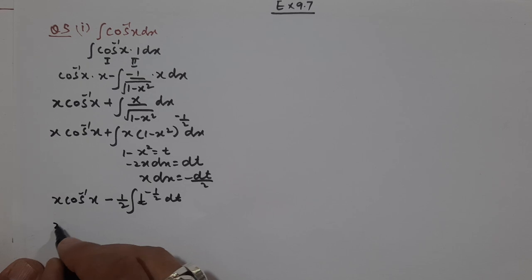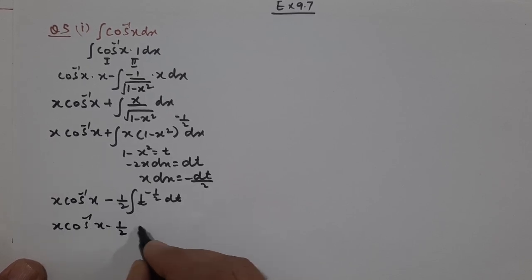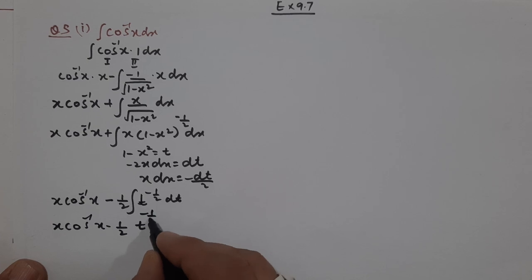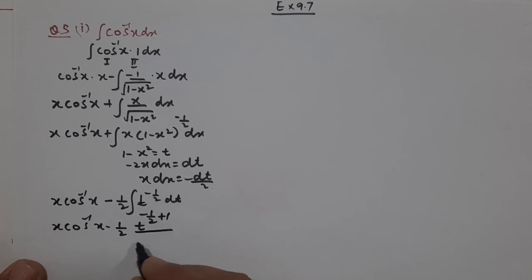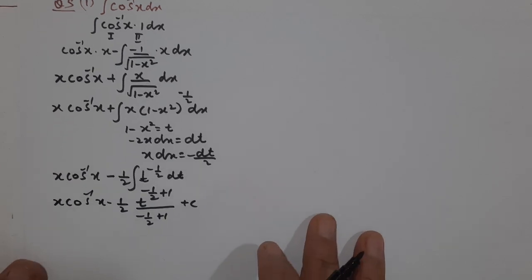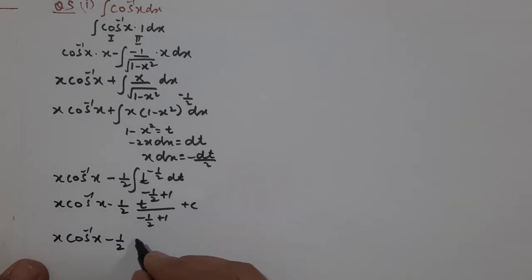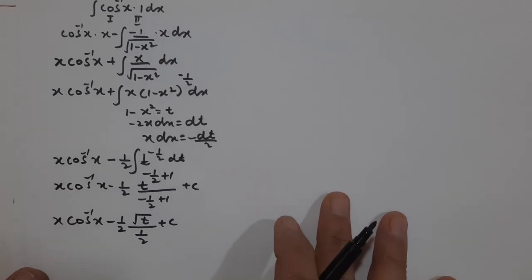Now let us integrate this factor. Minus half plus 1 over minus half plus 1, plus c. So what we get? x cos inverse x minus half, and we get over here root t upon half, plus c, like this.